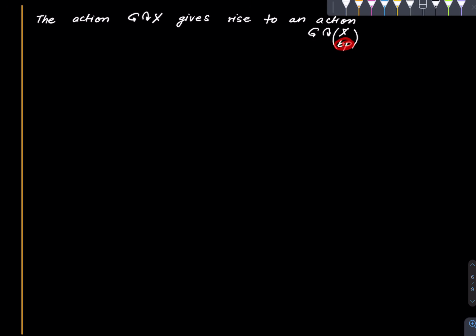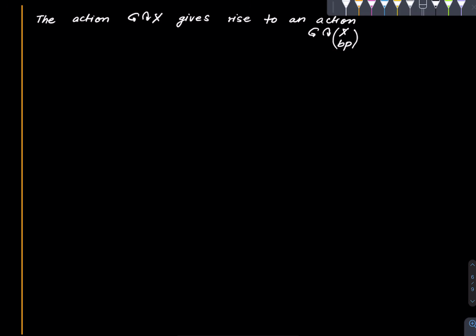X choose p is the collection of all the subsets of X of size p. We discussed this. Once you're given an action of this sort, we get an action of this sort. This is what we saw earlier, and this is the action that we will use ultimately to prove Babbage's theorem.